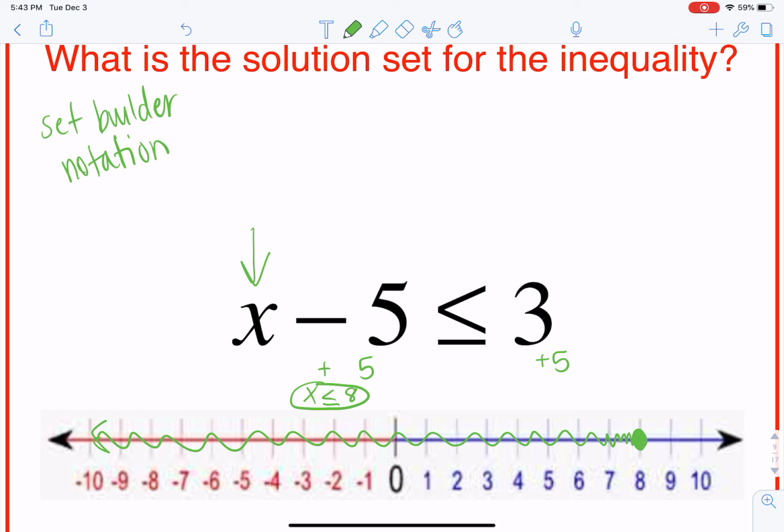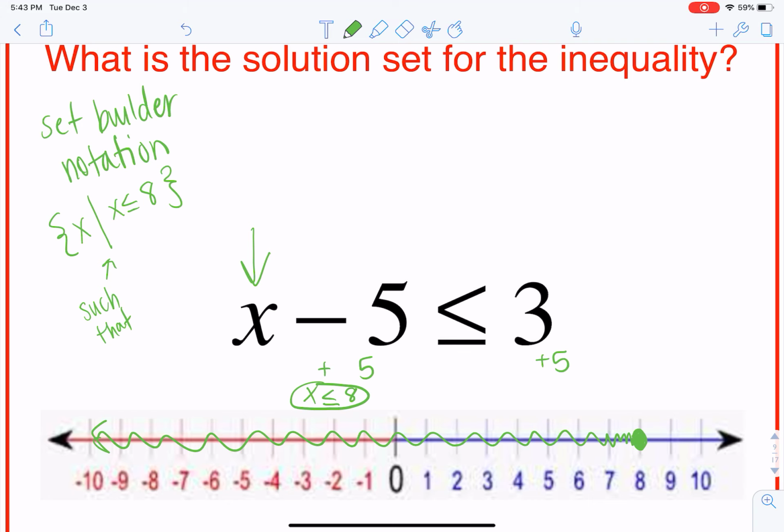Since my solution set is x values that are less than or equal to 8, we can say that the solution is x values such that, this line right here means such that, x is less than or equal to 8. And we'll put all of that in curly brackets. So that's how we write the solution set for these inequalities.